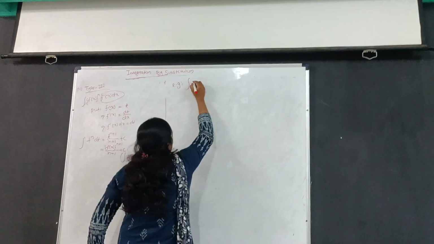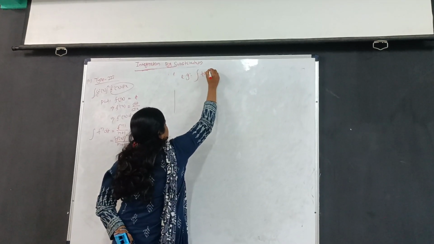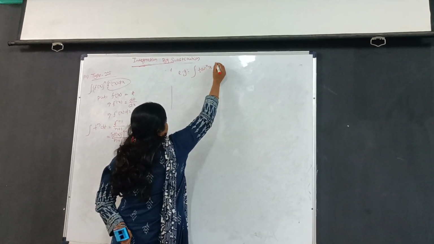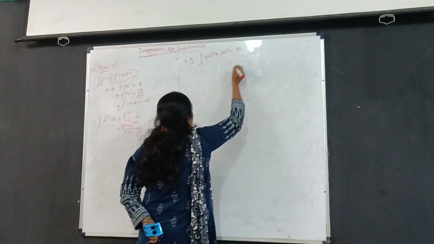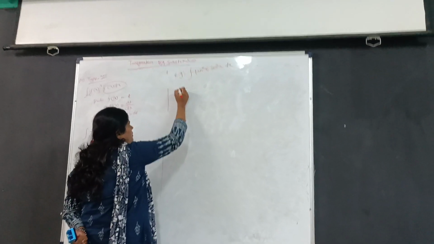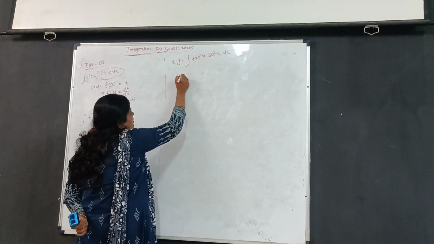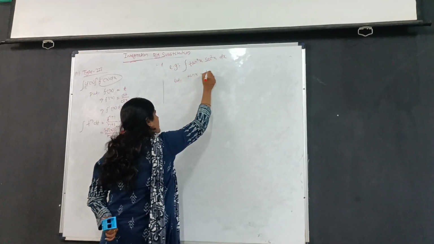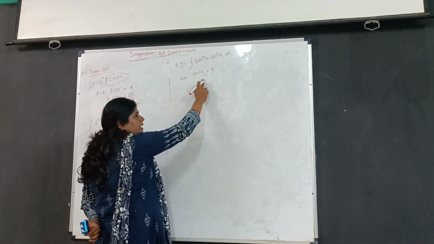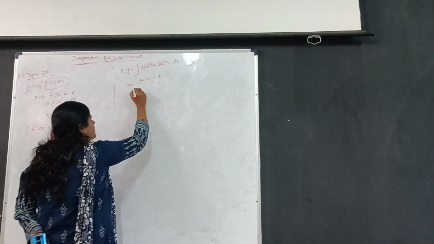Integration of tan to the power 7 x sec square x dx. Here let tan x is equal to t. Differentiating both sides with respect to x, we get the result.